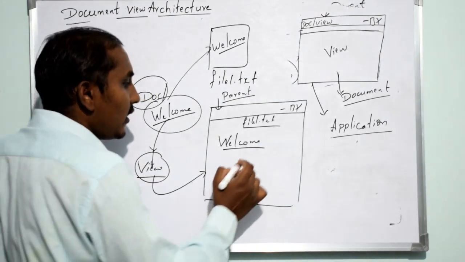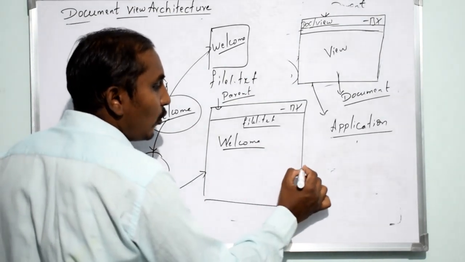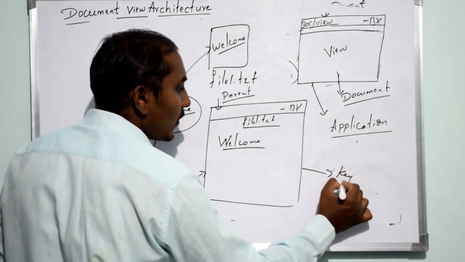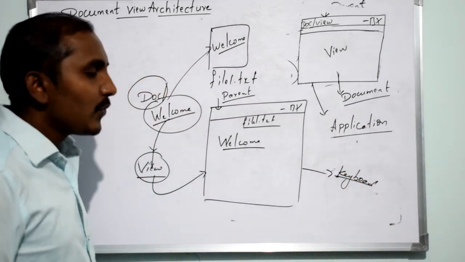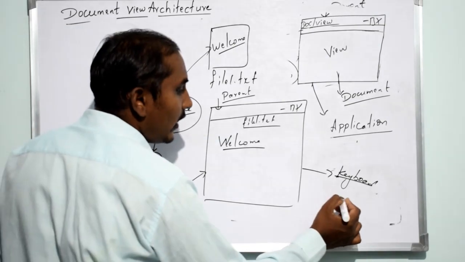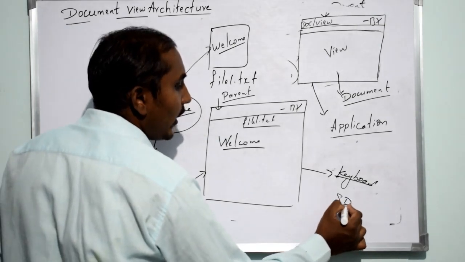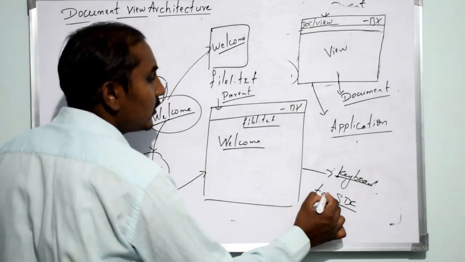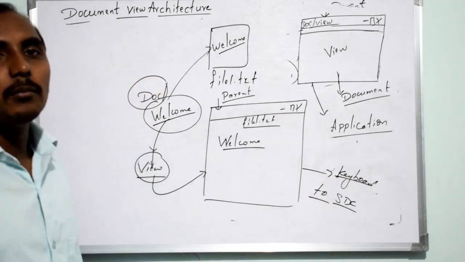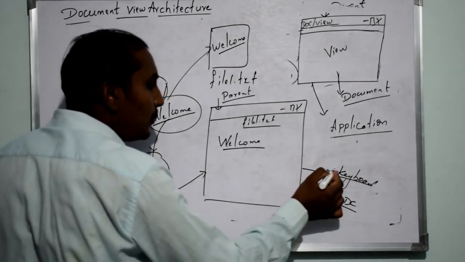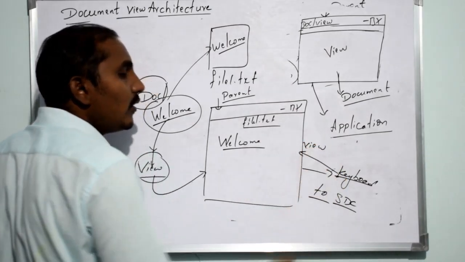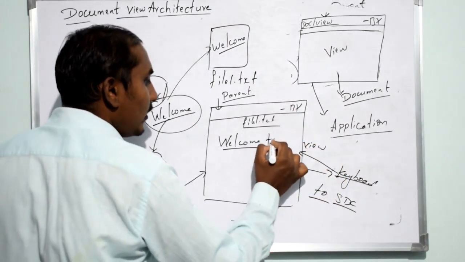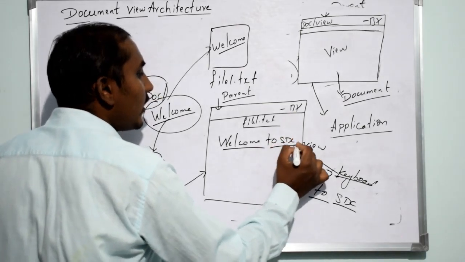Now if I use the keyboard connected to the CPU and type welcome to SDC, that input will be sent to the view, where I see the information I have typed.